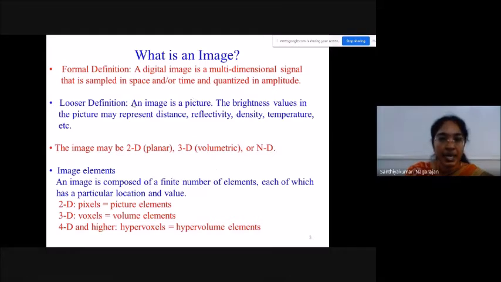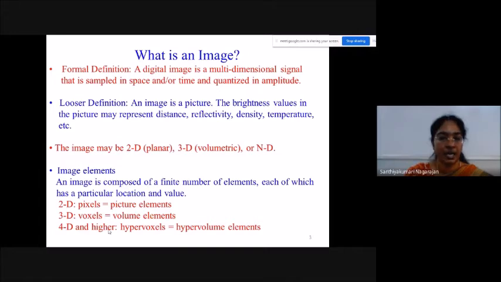The image itself is a picture. You're going to represent that image as image elements. What actually is an image element? It is composed of a finite number of elements, each of which has a particular location and value. Two-dimensional elements are called pixels, or picture elements. If it is volumetric, three-dimensional, we call them voxels.